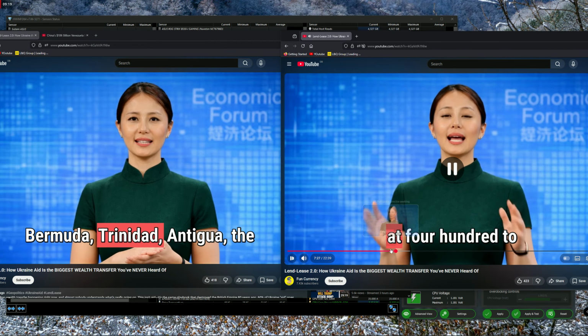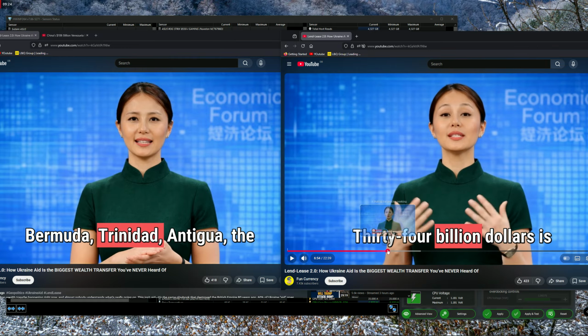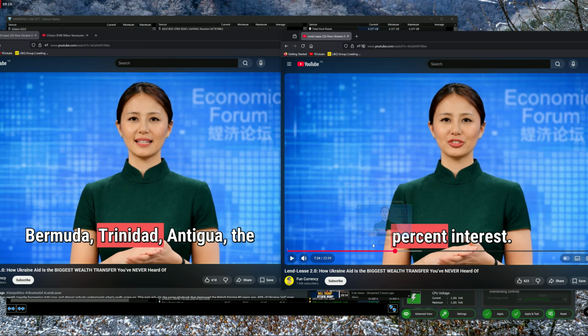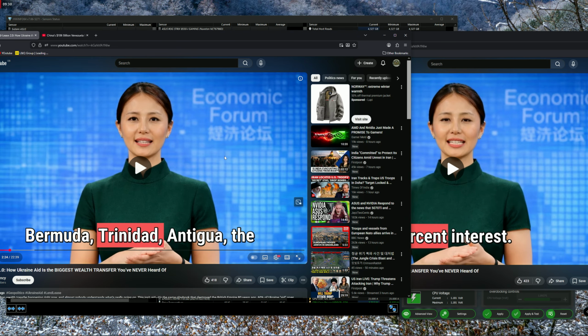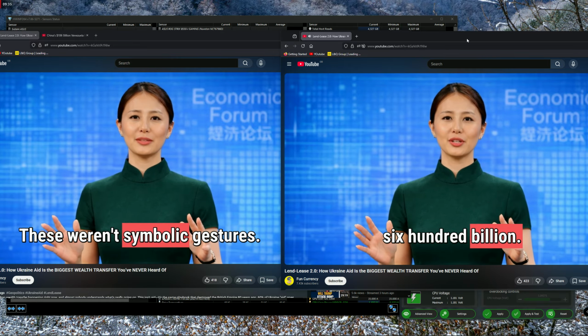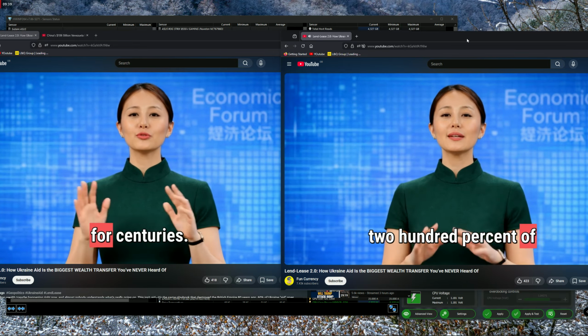Are estimated at interest. Antigua, Reconstruction the Bahamas, costs are estimated at over. 400 to 600 These weren't billion. symbolic gestures. They'll have to borrow that These too. were strategic Total debt will assets that exceed Britain had 200% controlled of for GDP. centuries.